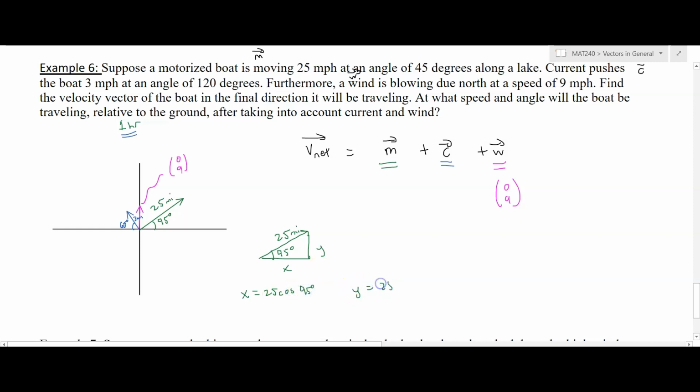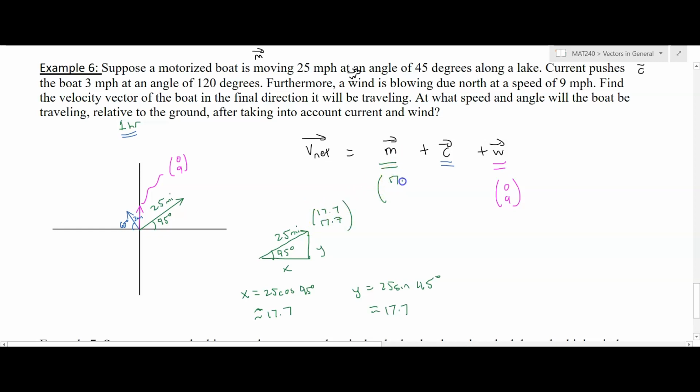Y is going to be 25 sine 45 degrees, which comes out to about 17.7. So that means that since both x and y are positive, this is going to be the vector 17.7, 17.7.